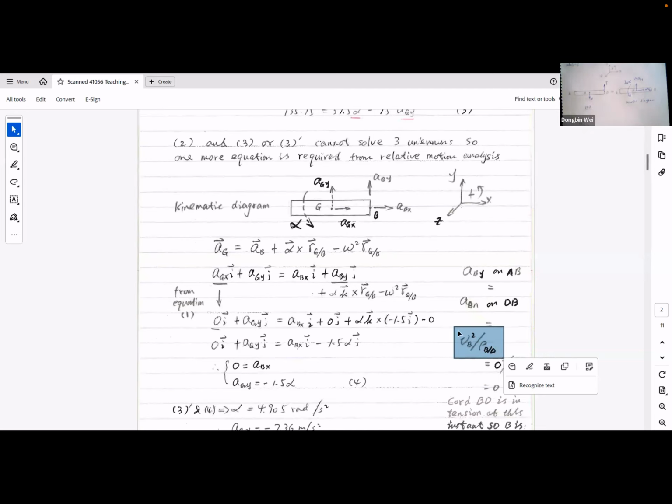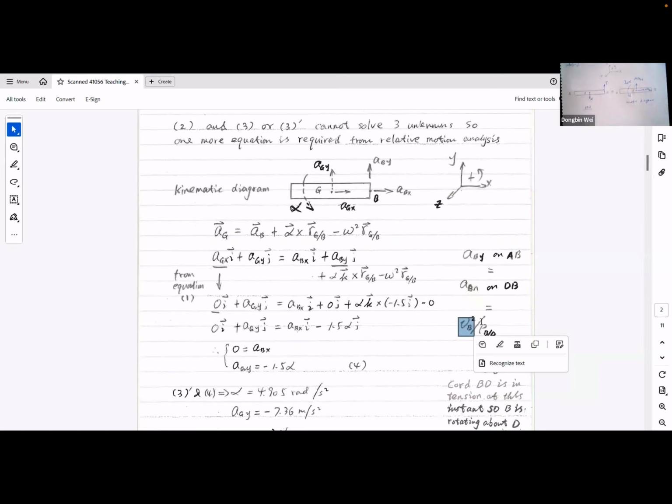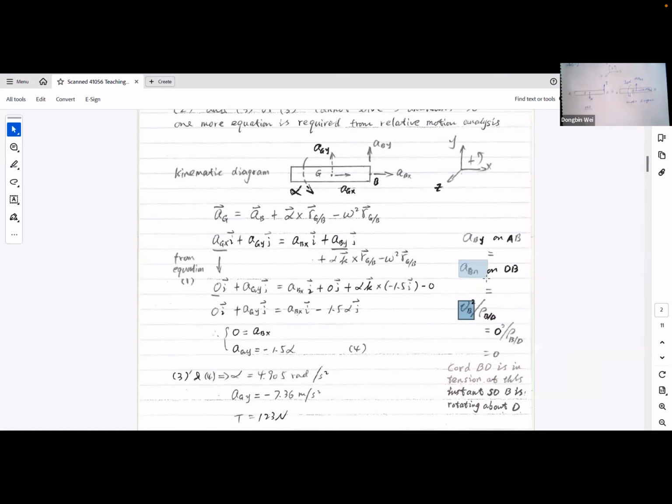Because VB, the velocity of point B at this instant, is 0, finally ABN must be 0. If ABN must be 0, then that means ABY on AB should be 0.